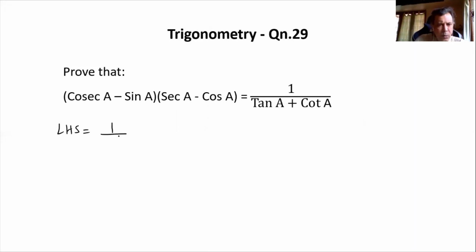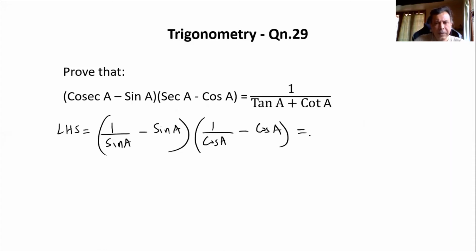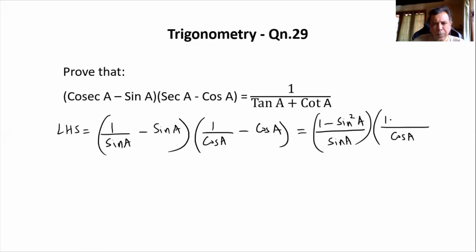Cosecant A can be written as 1 by sine A minus sine A multiplied by secant A can be written as 1 by cos A minus cos A. So if we take the LCM for the first term, it is sine A. So this will become 1 minus sine square A. And here LCM is cos A. This numerator will become 1 minus cos square A.